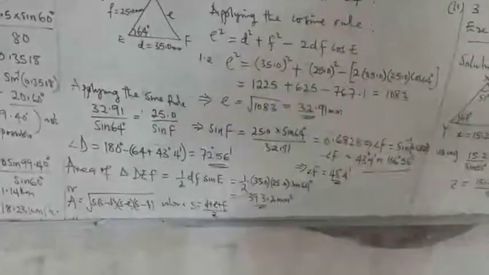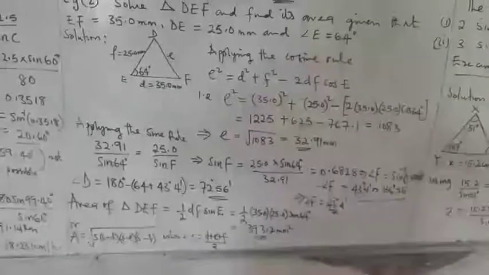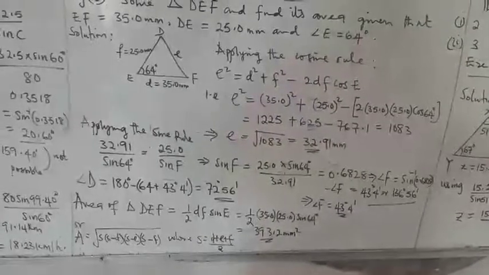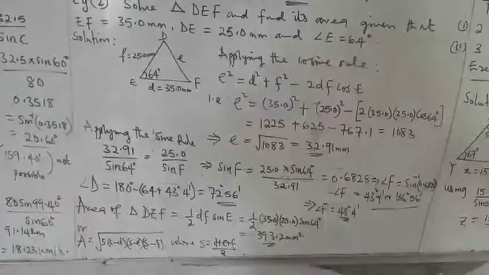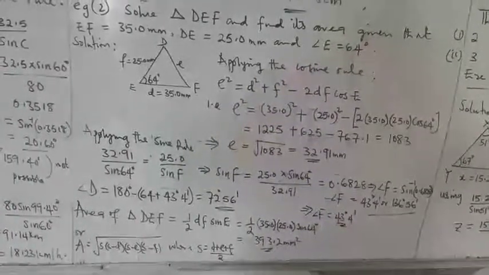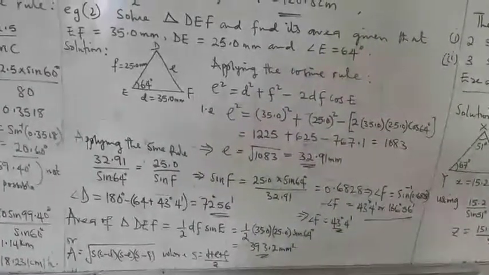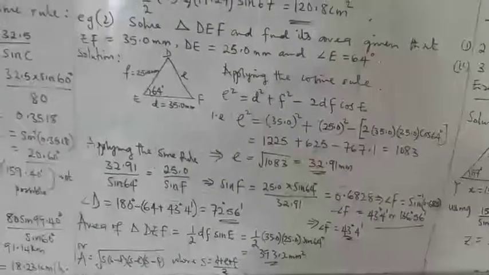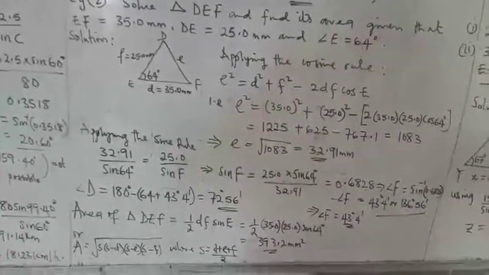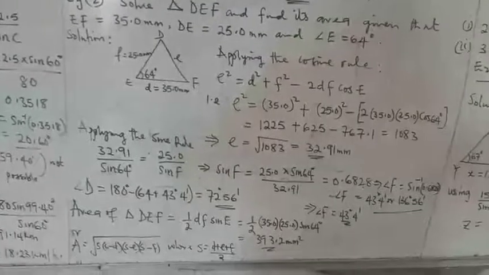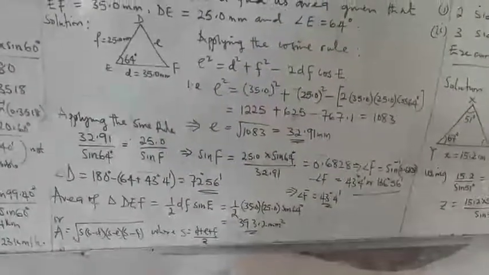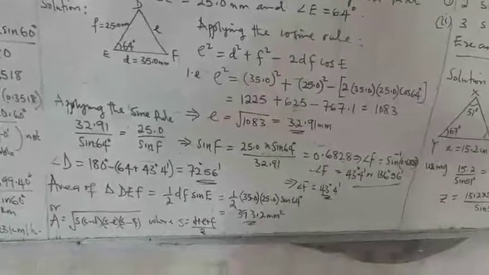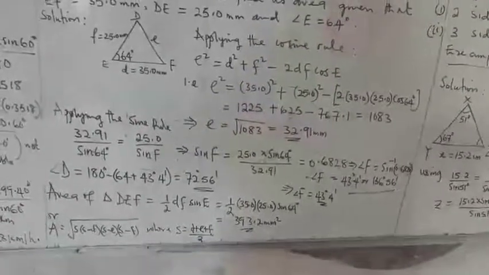Applying the sine rule, 32.91, which is small e over sine capital E, which is 64, equals 25 over sine F, small f over sine F. Solving for sine F, making sine F the subject of the formula, sine F is 25 times sine 64 over 32.91, and angle F is 43 degrees 4 minutes.